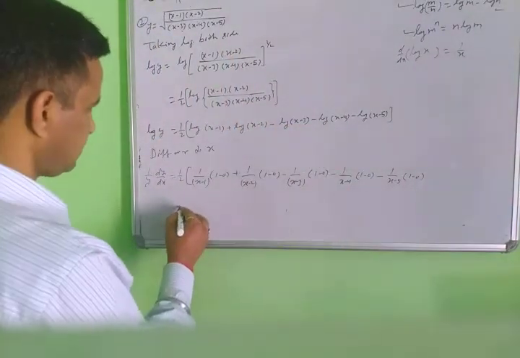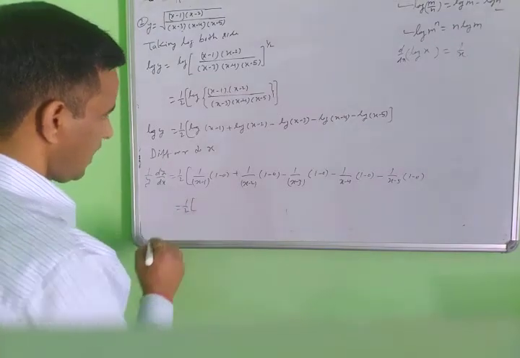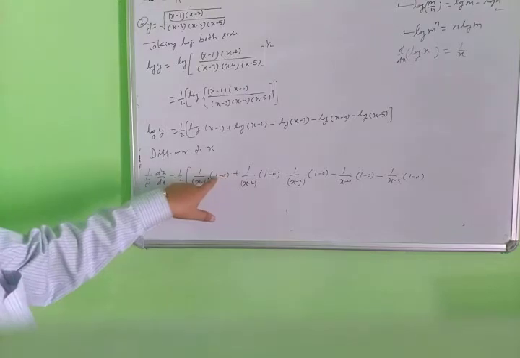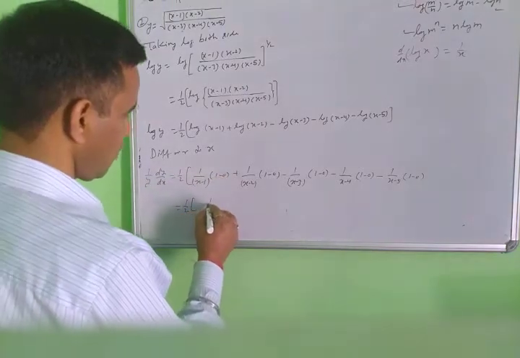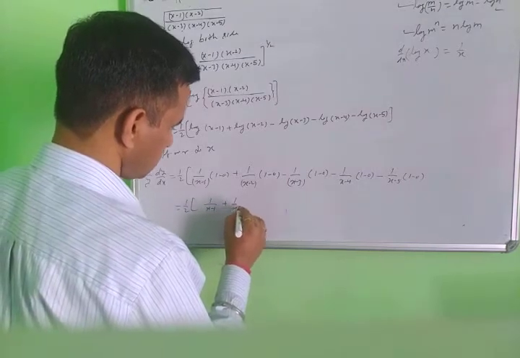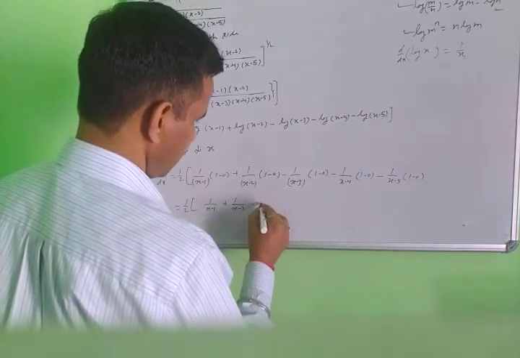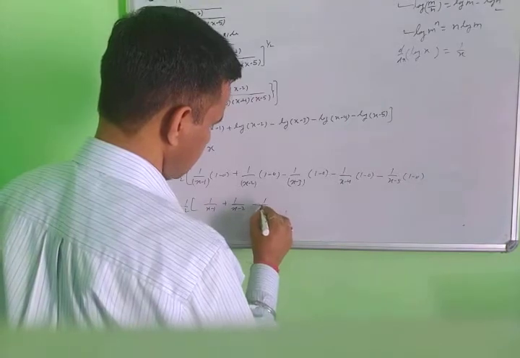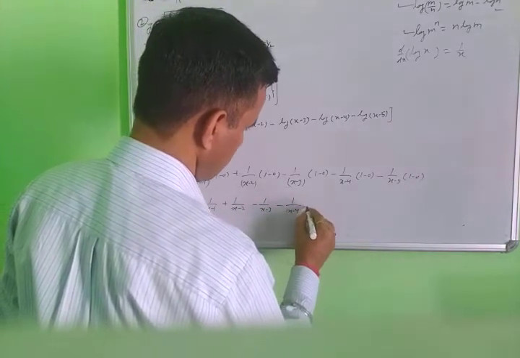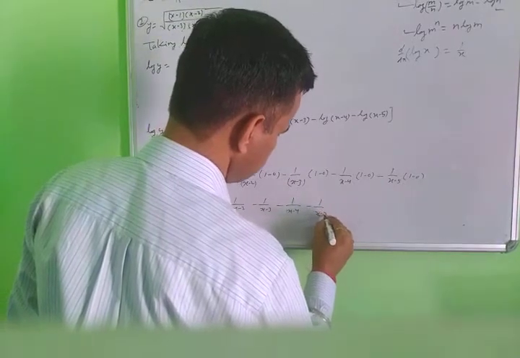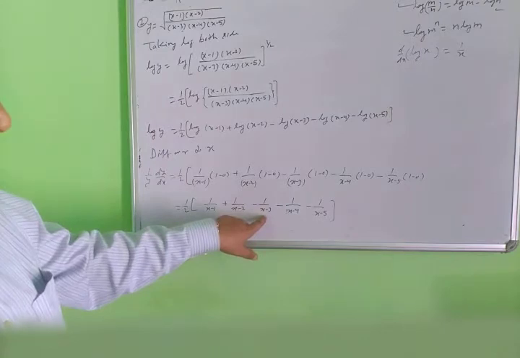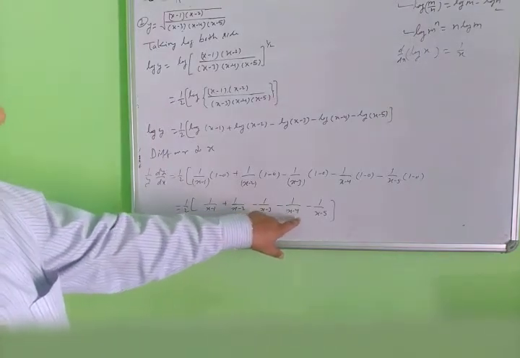So then 1 upon 2, multiplied by 1, since the second term is 0 and the first term is 1, so 1 upon x minus 1 plus 1 upon x minus 2 minus 1 upon x minus 3 minus 1 upon x minus 4 minus 1 upon x minus 5.